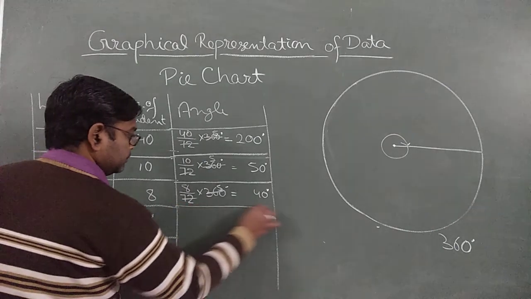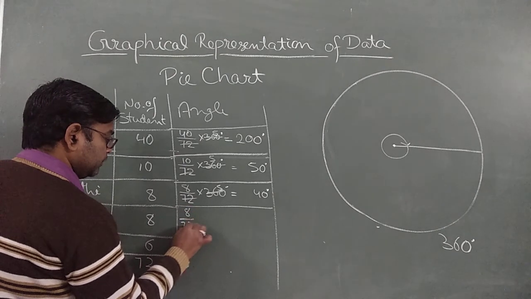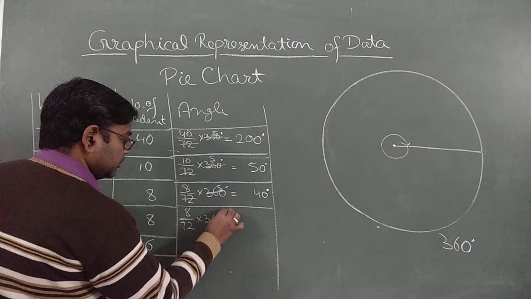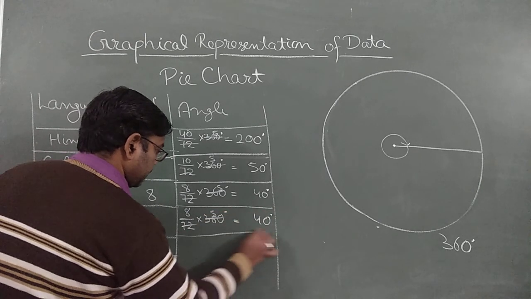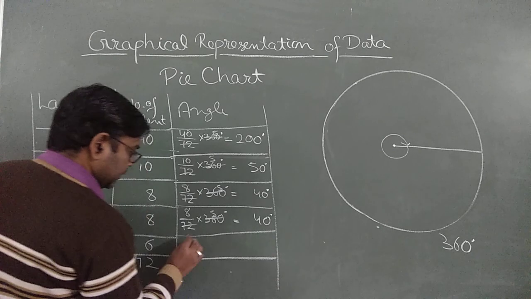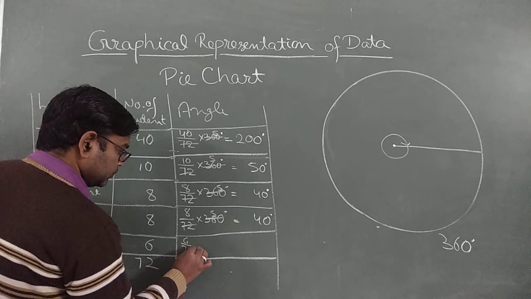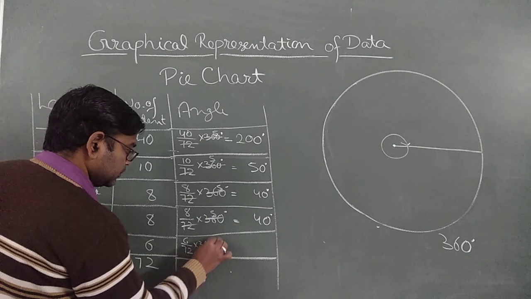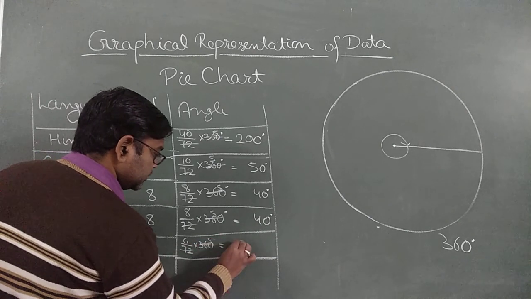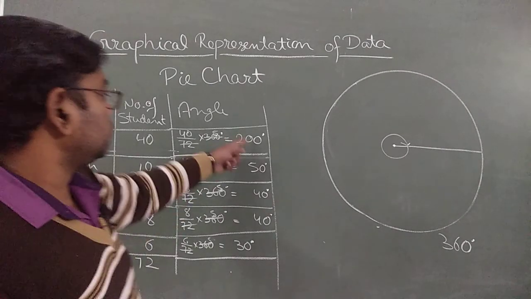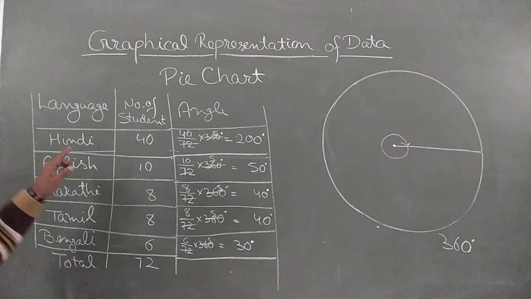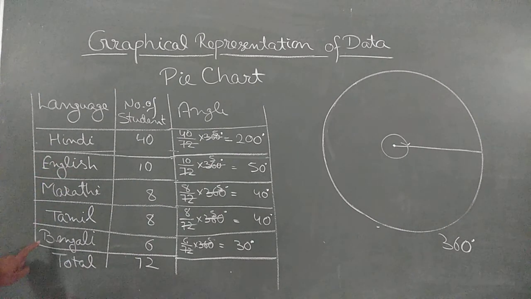Again, 8 upon 72 into 360 is 40 degrees. Six by 72 into 360 degrees, 72 fives are 360, so this is 30 degrees. Clear? So we must use these angles to draw the sectors of the circle which represent these different languages.